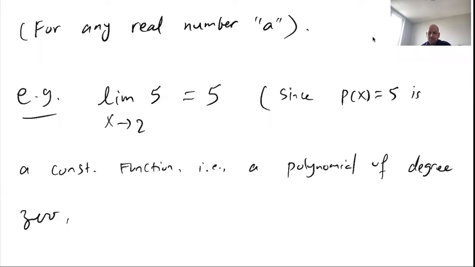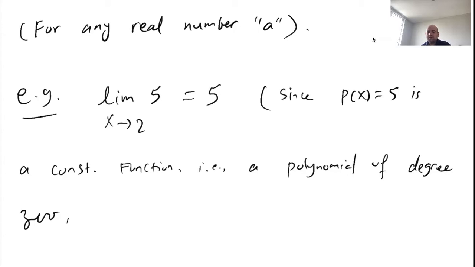Constant functions are functions where the output is always the same number regardless of the input. Now, P of X equals 5 is a constant function, and any constant function is a polynomial of degree 0.